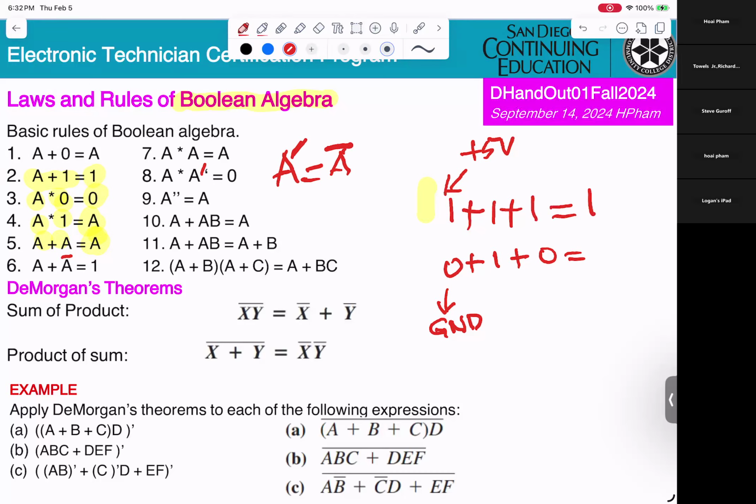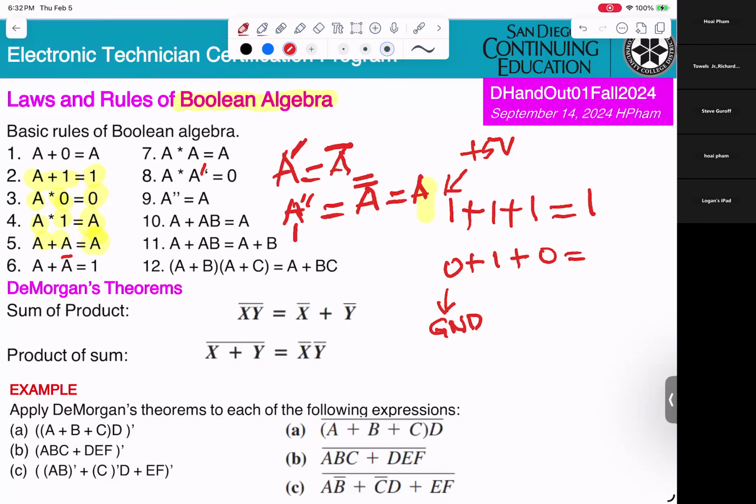Not not A equals A. Now if A equals 1, not 1 will be 0, and not again, not 0 equals 1.